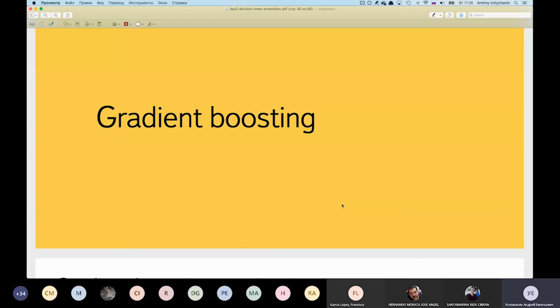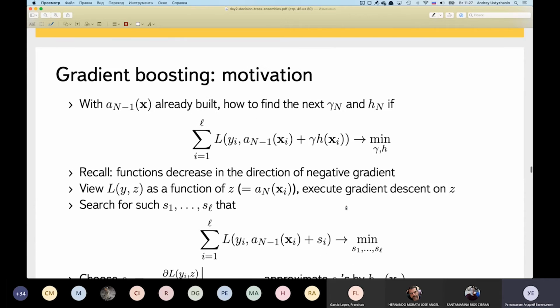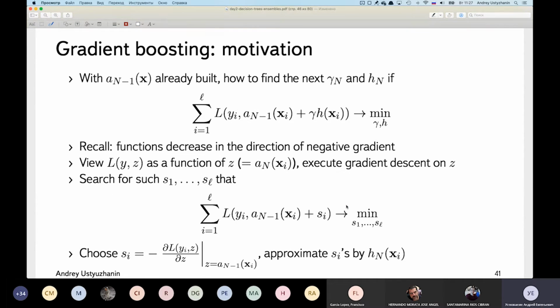Probably you've heard about BDT, boosted decision trees. It is not purely boosted decision trees; it is actually built by gradient descent, the gradient boosted decision trees. And probably you heard about XGBoost, which is the extreme gradient boosting algorithm. It is also based on these gradient boosting ideas. They add a few tweaks to make it perform better.